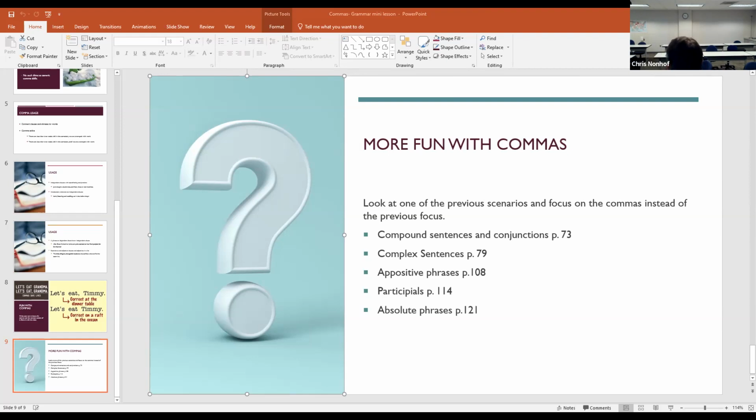One more question for you. How many of you have had problems with comma use in the past? Several of you are nodding. Okay. Commas are one of the very last things in the book, and they're the last of the mini lessons.